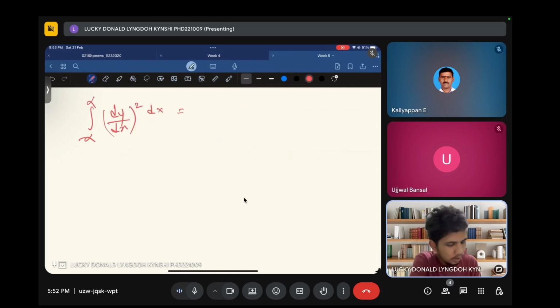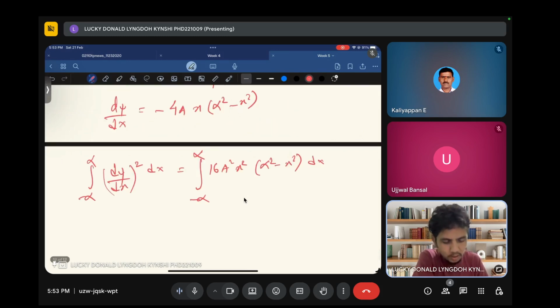Perform the integration, you'll get integral from minus alpha to plus alpha of 16 a square x square times alpha square minus x square dx. What did I do here? I just squared this one and then put it into the integration.